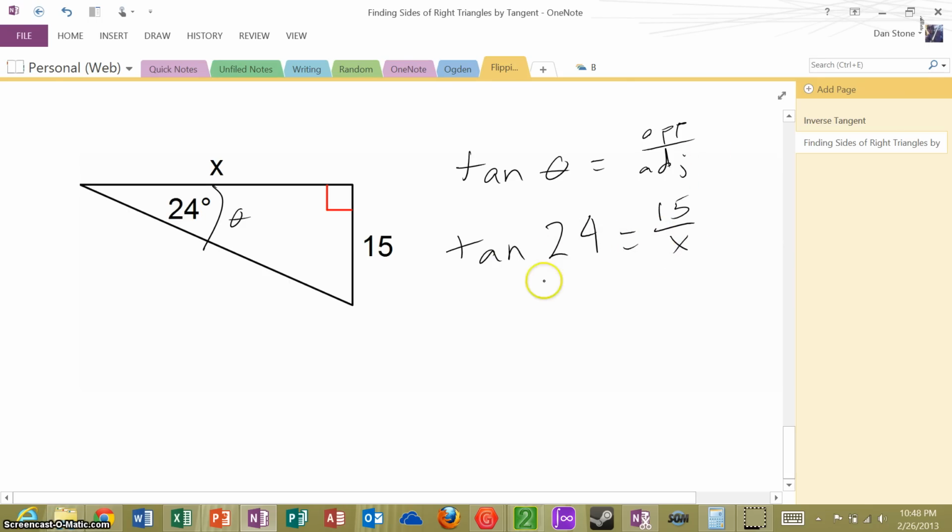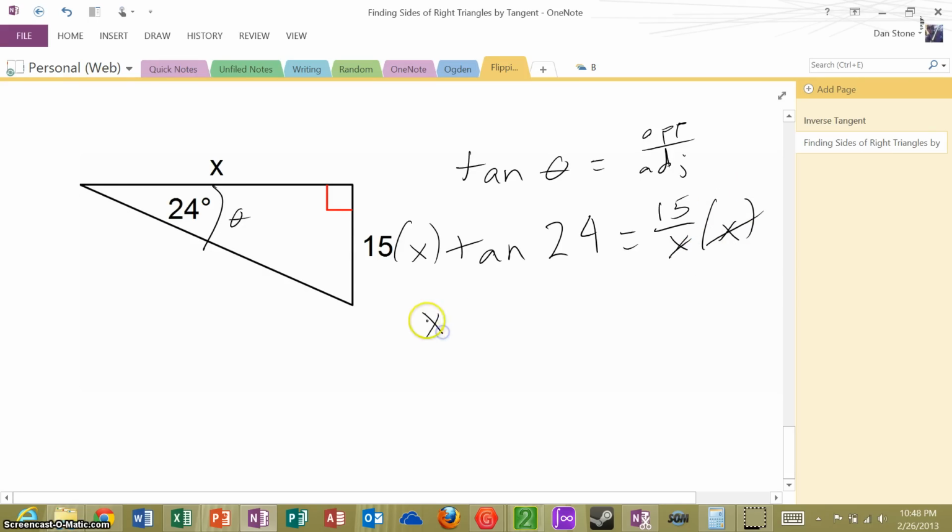So first thing to solving this, what should I do? I've got stuff in the denominator over there I want to clear out, particularly this x. Well, let's multiply both of these by this x. Got to do it to both sides, keep the equation even. This cancels out then, so x is gone.